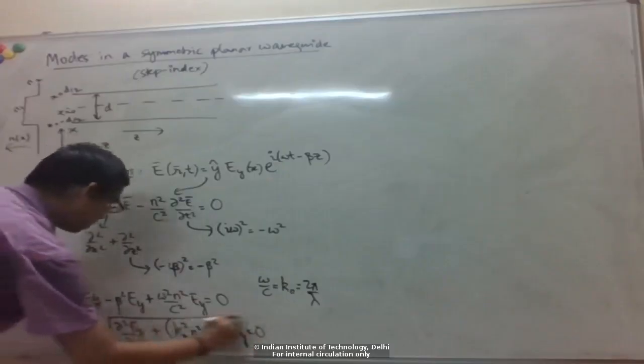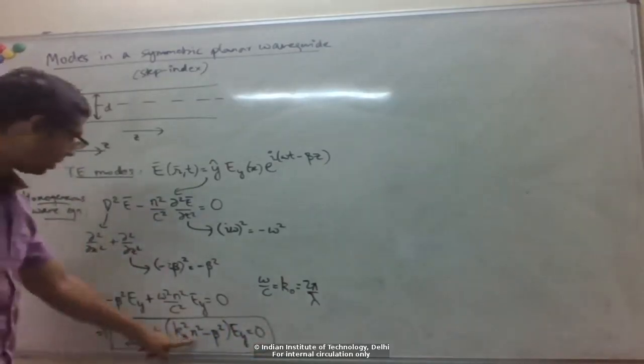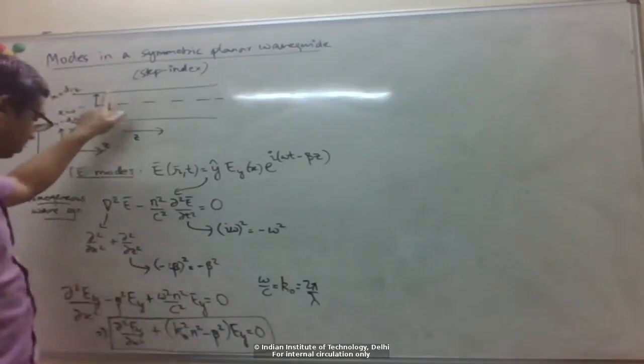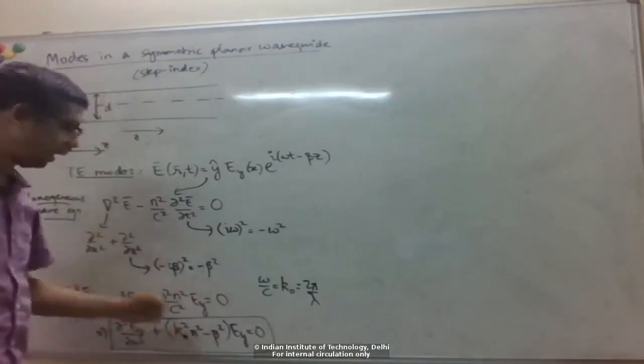Okay, so we get this equation for Ey. It's a second order differential equation. In the core, n will be equal to n1, and in the cladding, n will be equal to n2.